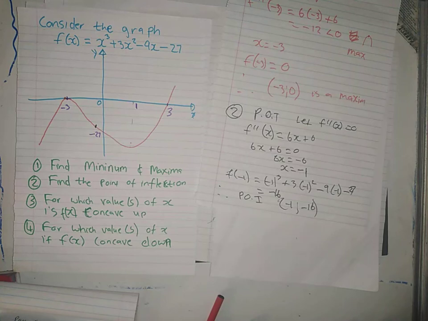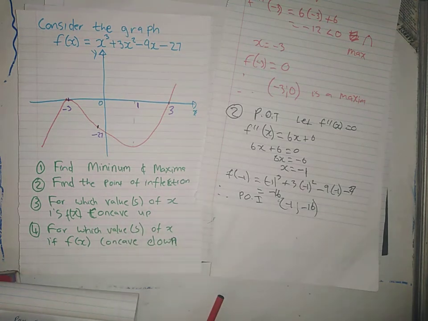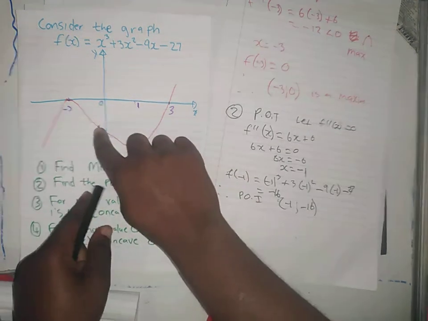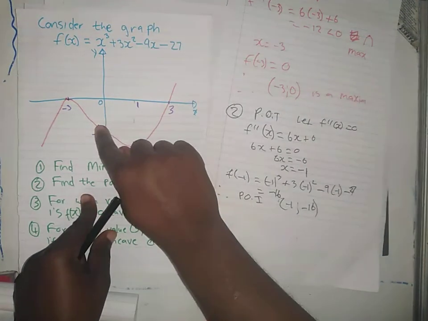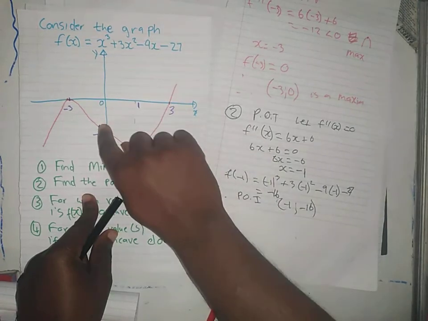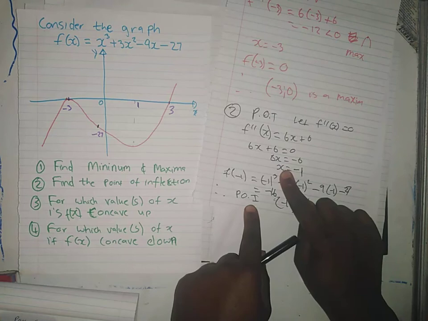Can you see? Now the values of x where f at x is concave down are the values of x from here all to this side, because you can see from here it's concave up. Can you see? So it's from here. Now if you did not have a point of inflection, then you would have to find it, but you already have the x of the point of inflection.